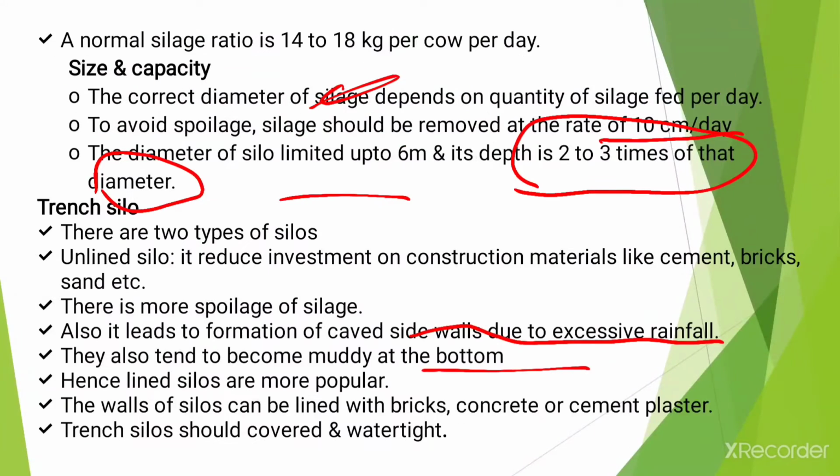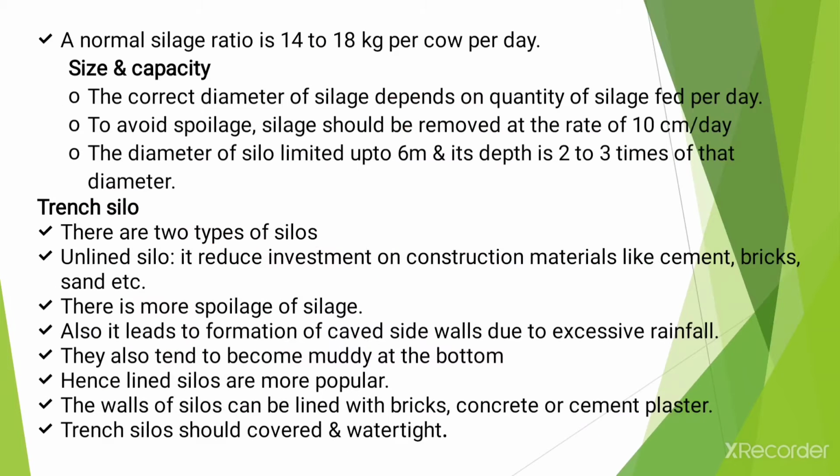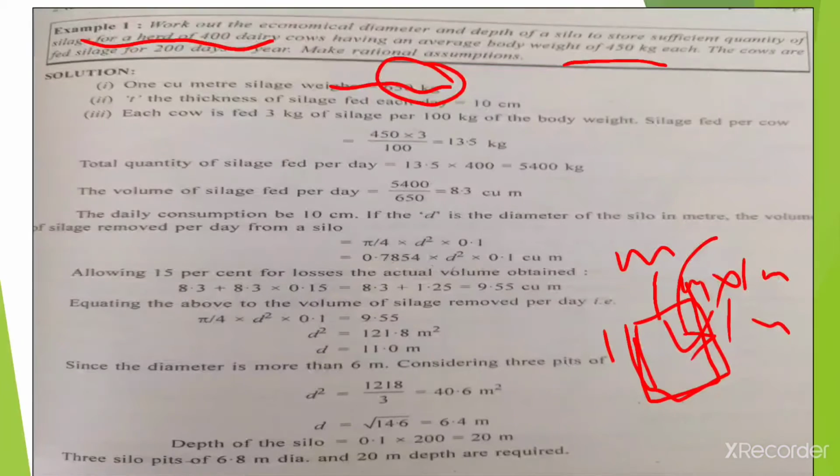For example, in the case of a pit silo, to avoid spoilage, silage should be removed at the rate of 10 centimeters per day. So here the thickness of the silage fed each day will be 10 centimeters, denoted by the small letter t.